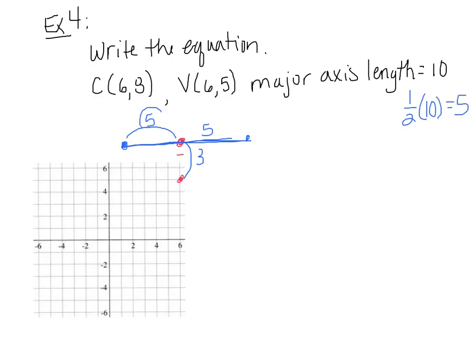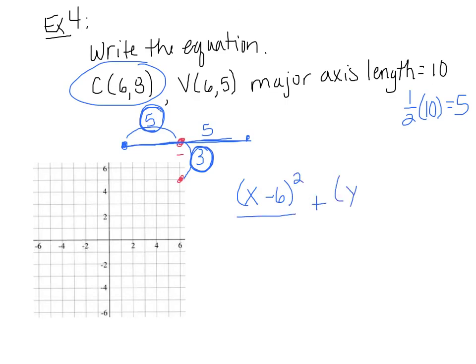So the parts that we need for our equation, we need the 5, we need the 3, and then of course we need the center. So let's go ahead and set up our equation. We're going to have x opposite of the center, so x -6 quantity squared. I'm just going to fill in the center right now, plus y -8 quantity squared, and it's equal to 1.